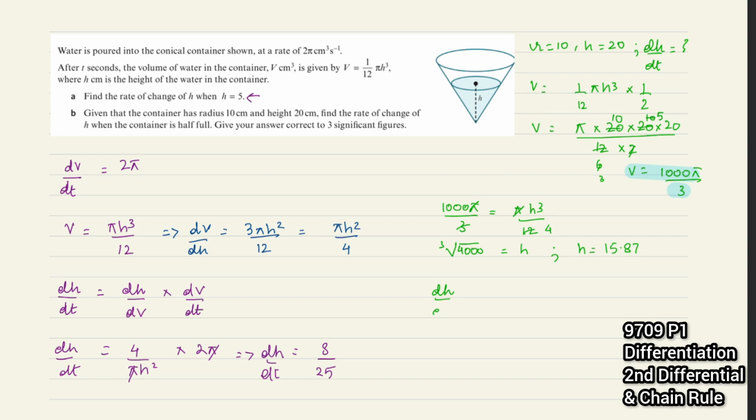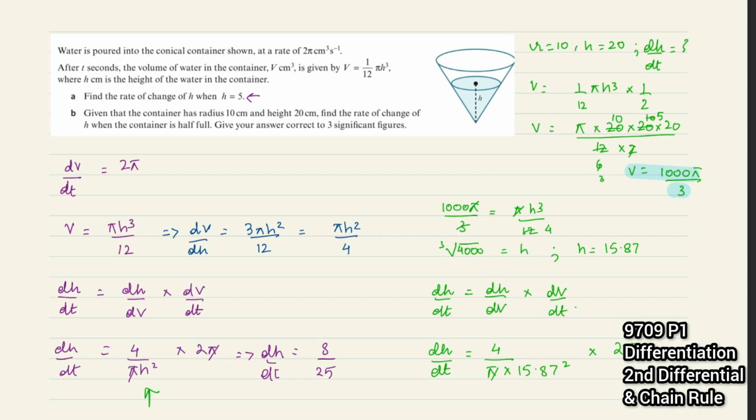dh by dt is equal to dh by dV into dV by dt. dh by dV is the same. So dh by dt is equal to 4 upon pi into 15.87 squared, multiplied by 2 pi.